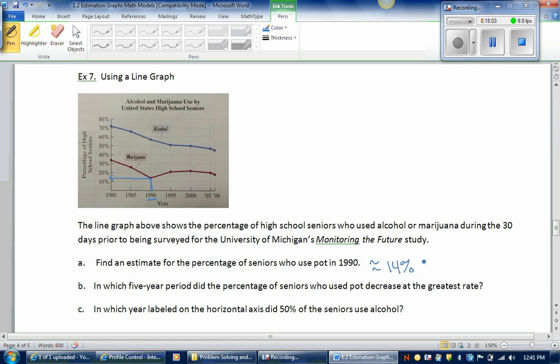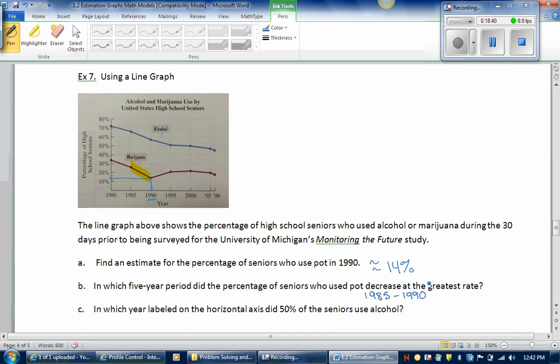In what 5-year period did the percentage of seniors who used pot decrease at the greatest rate? We're looking for a 5-year period in which my graph has the steepest drop. It looks like right here is where we wind up with that steepest drop, and that would be from 1985 to 1990.